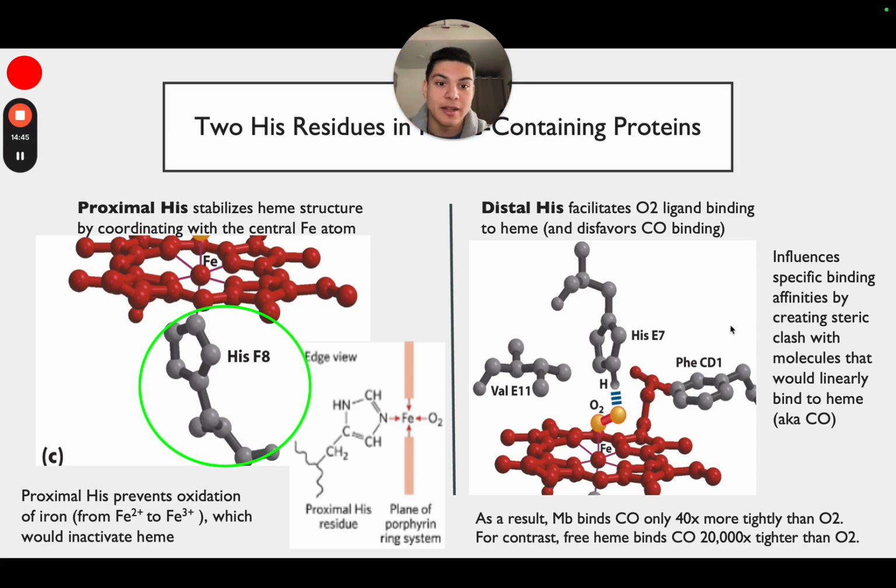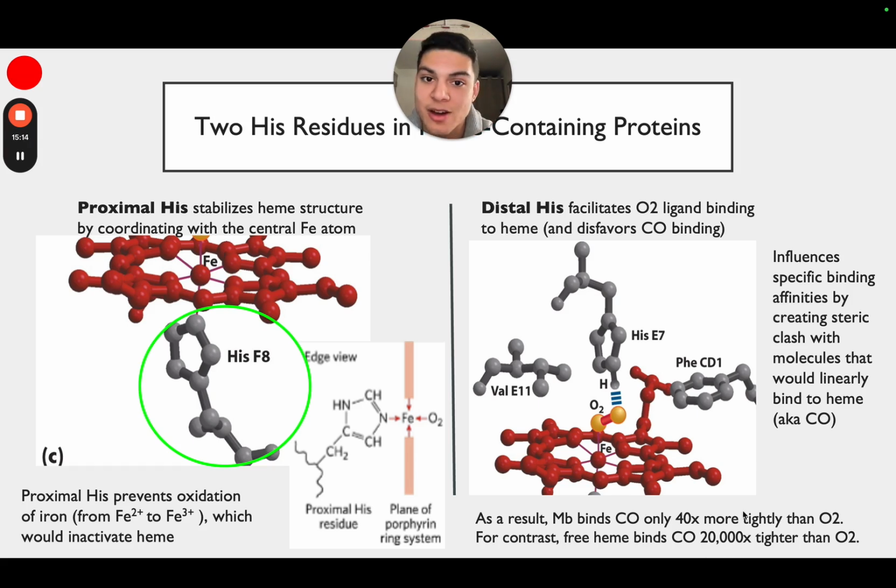So again, the distal histidine influences specific binding affinities by creating steric clash with molecules that would bind linearly to the heme, aka just carbon monoxide. And as a result, myoglobin binds carbon monoxide only 40 times more tightly than O2. However, a free heme, one that isn't bound to these amino acid residues, just this porphyrin ring plus the iron, binds carbon monoxide 20,000 times tighter than O2.